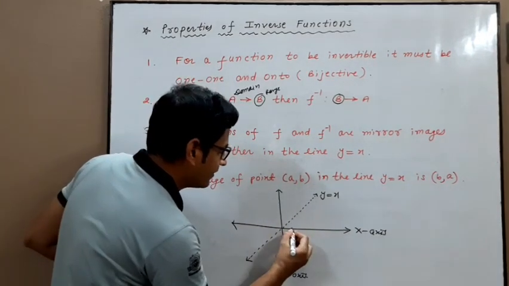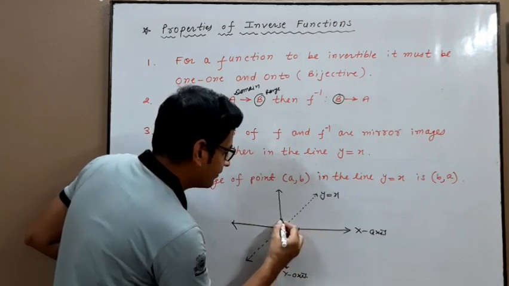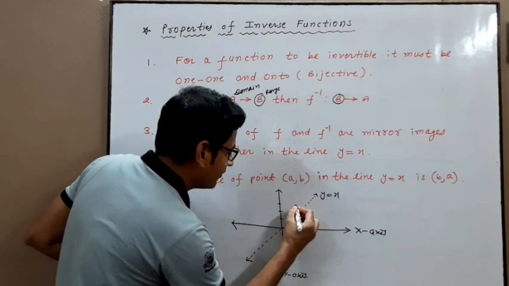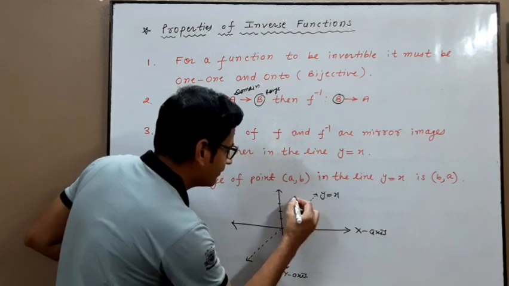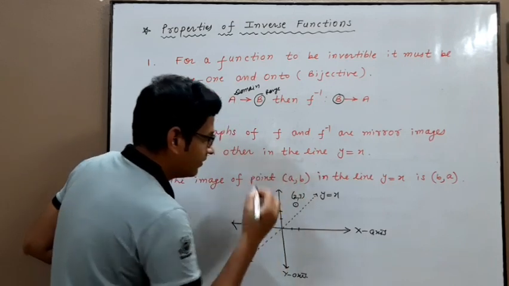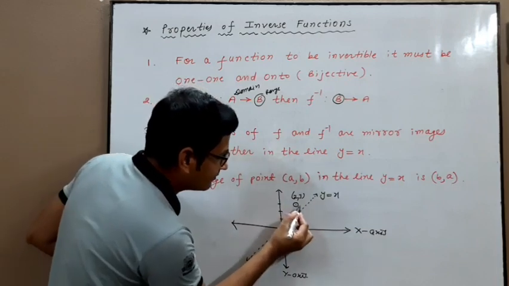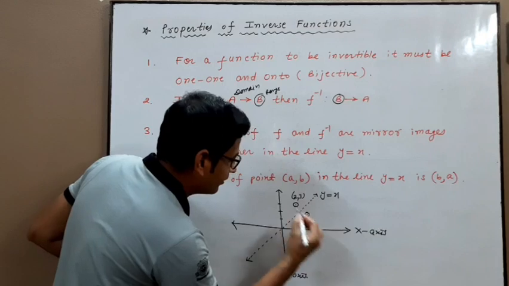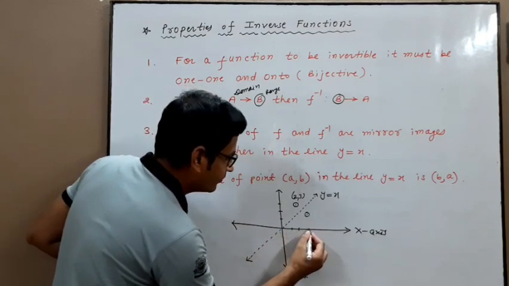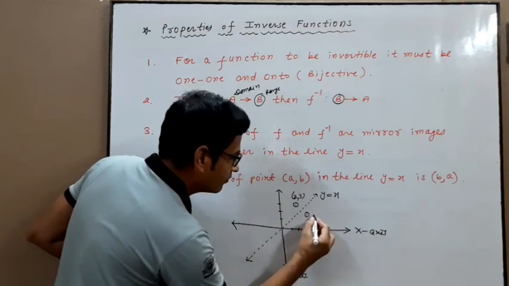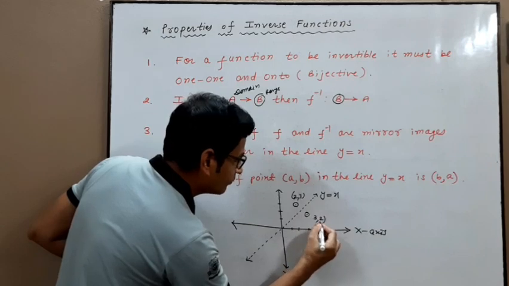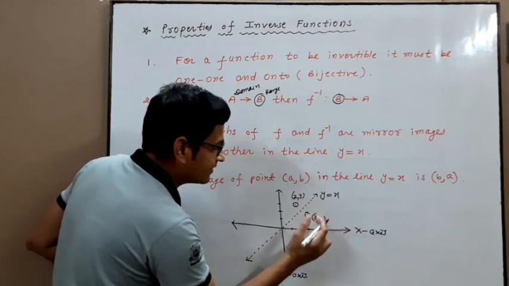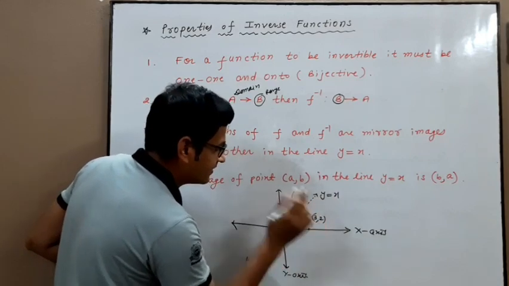Now take a point (2, 3). This is the mirror, so we can see the image on the other side. Now see the coordinates of that point: (3, 2). So the image of (2, 3) with respect to y equal to x is (3, 2), which means interchange the digits.